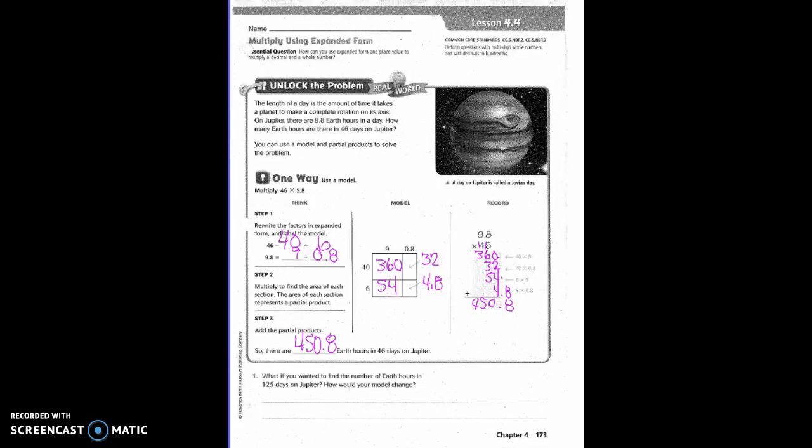What if you wanted to find the number of Earth hours in 125 days on Jupiter? How would your model change?